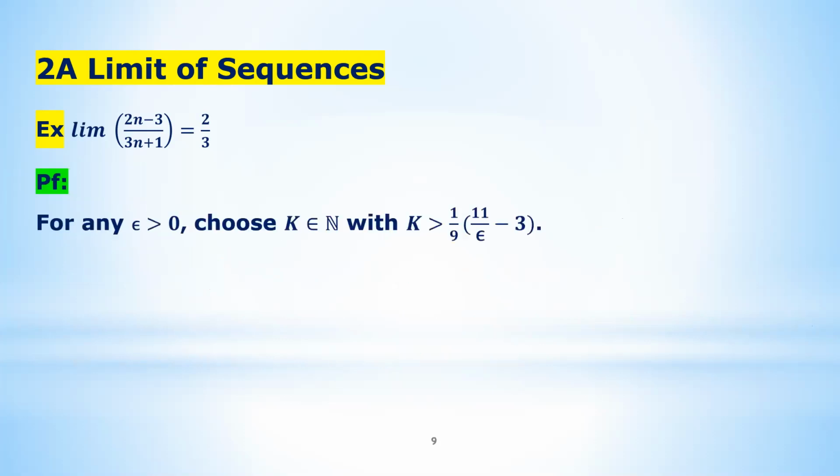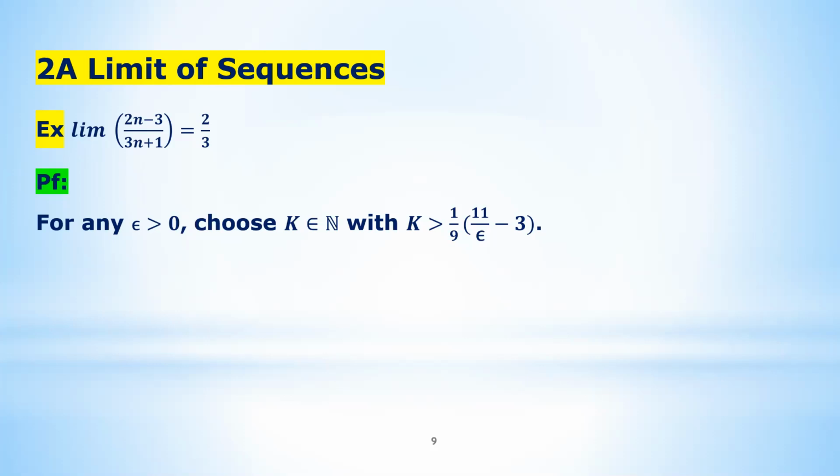So now you can write down the proof. The formal writing of the proof is that you begin with an arbitrary epsilon. So for any epsilon greater than 0, based on the previous calculation, I know how I can choose a k. So once epsilon is given, you just pick a k.